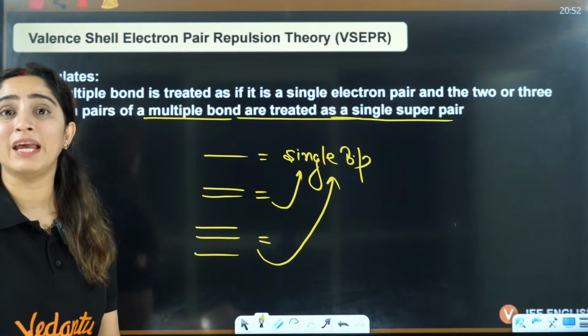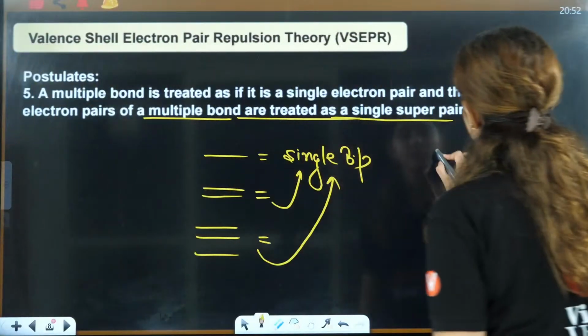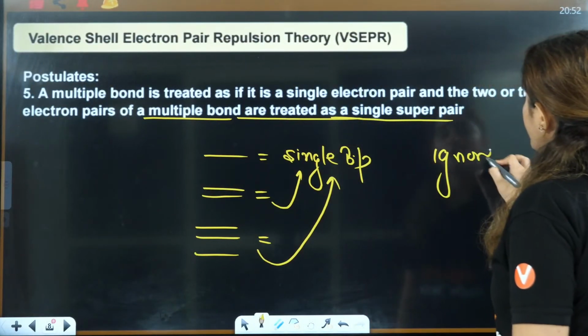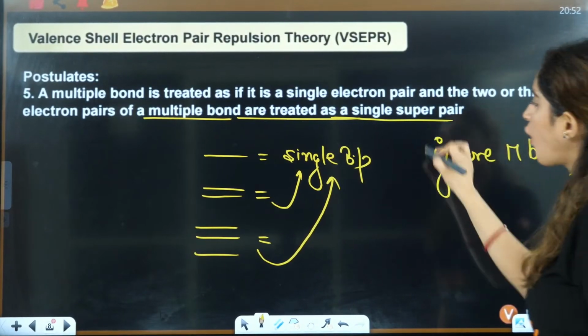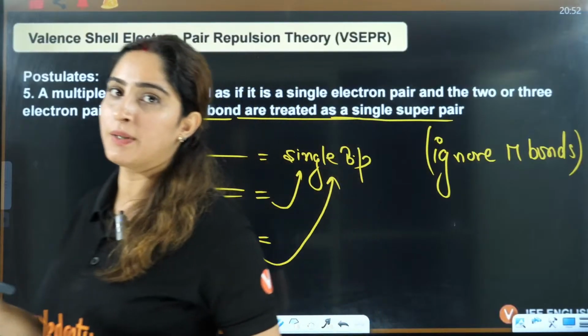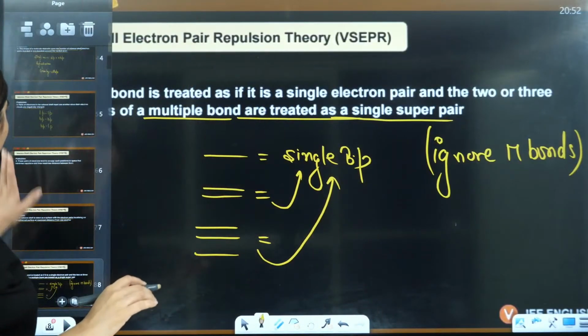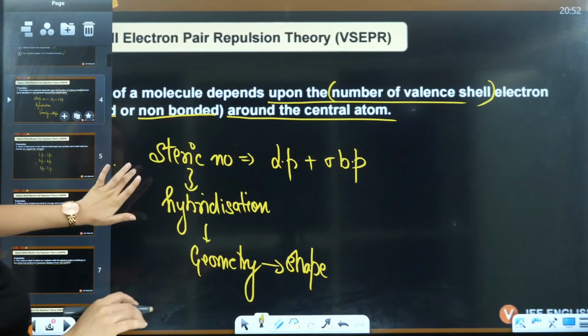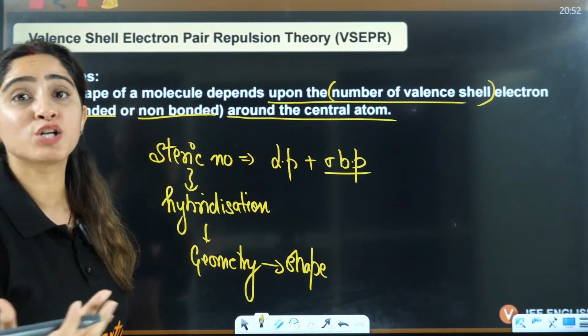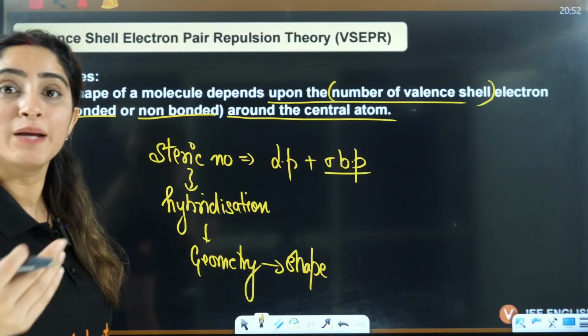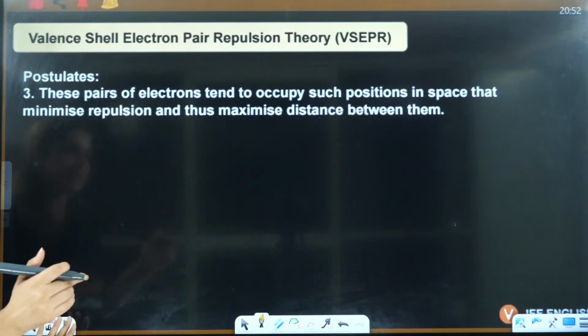That means we ignore pi bonds. Pi bonds are not considered in the steric number. That's why when I told you about the steric number, in the definition I specifically mentioned sigma bonds. Pi bonds are not included here, right?